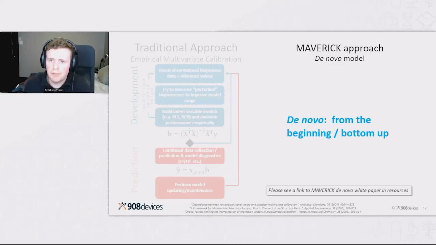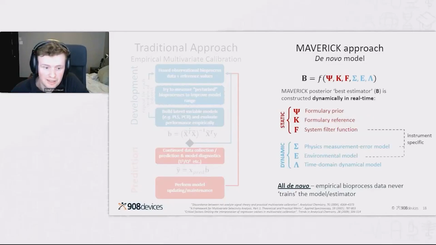We call the MAVERICK approach a de novo approach. De novo meaning from the bottom up. Our model is built dynamic in time, so we still are producing this best estimator B. When we measure an incoming Raman spectrum, we multiply by this B and we get out our predictions of glucose, lactate, and biomass.